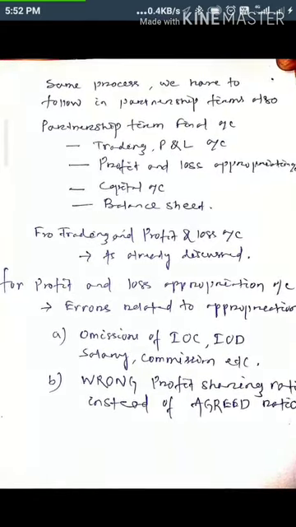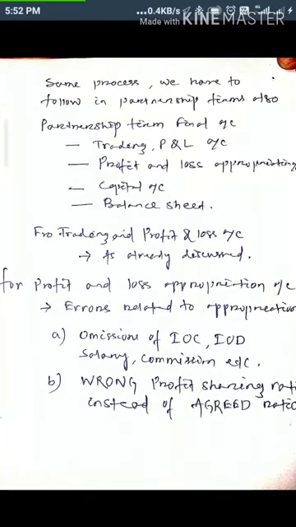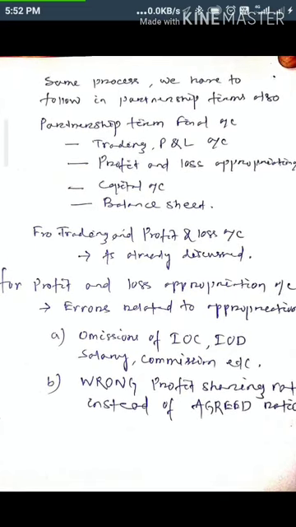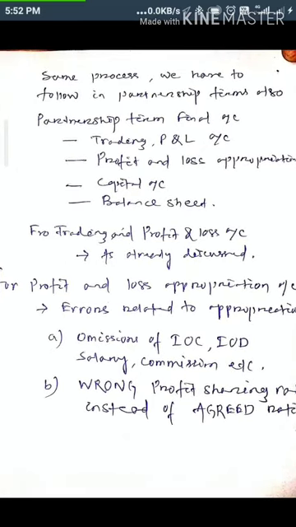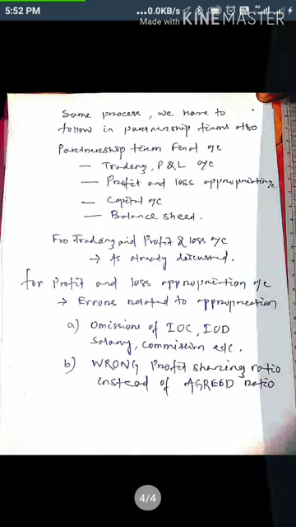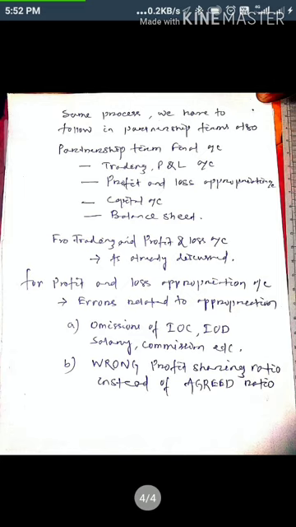In one group they have omitted only the appropriation part. In the other group they have omitted the appropriation part and side by side used the wrong profit sharing ratio. So we'll discuss one by one.